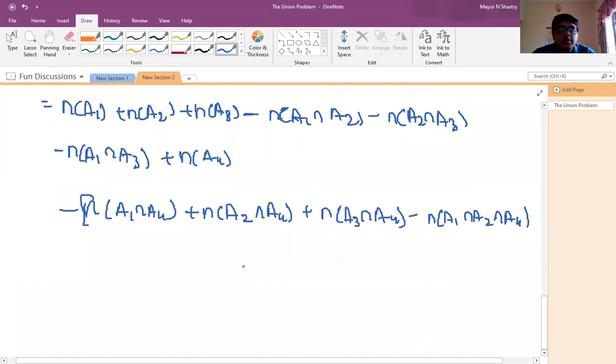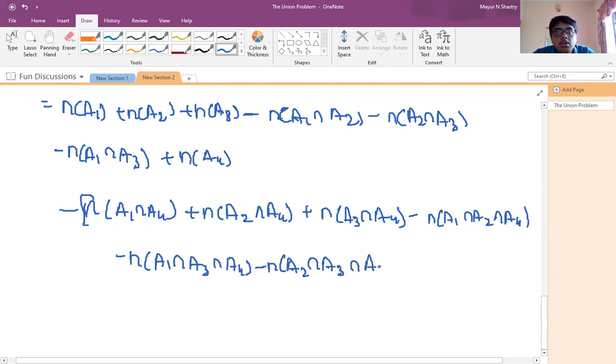So then similarly, we would have minus n of A1 intersection A3 intersection A4 and minus n of A2 intersection A3 intersection A4. Plus n of A1 intersection A2 intersection A3 intersection A4, just writing A4 one time again for the same reason.